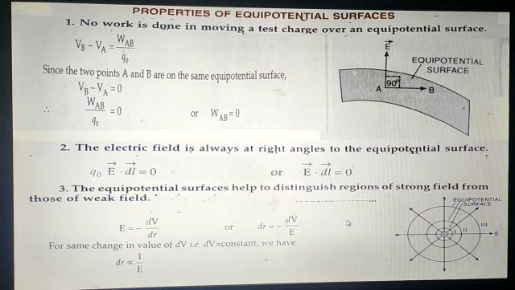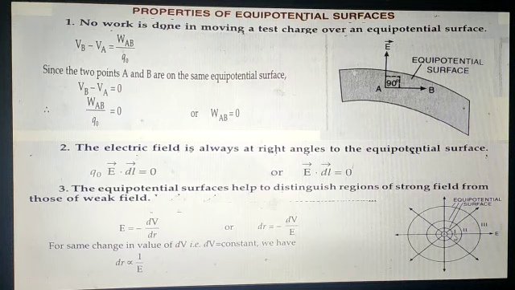Now you need to understand one thing. We have derived a relation that electric field is equal to the negative gradient of potential. It means that dr can be written as minus dV by E. So dr is inversely proportional to E. Dr is the distance between two equipotential surfaces.